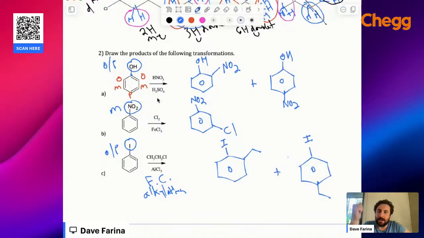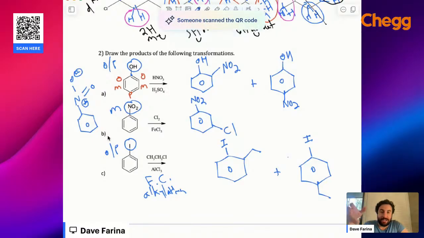Electron withdrawing groups like NO2. The reason that NO2 is withdrawing is because it looks like this. It's got a plus charge there and a minus charge there. So it's withdrawing because the nitrogen has a formal positive charge. So with the arenium ion intermediate, there's a resonance structure where one of the pi bonds gets pulled out of the ring onto the nitrogen and kicks the pi bond here up to get a second oxy anion.